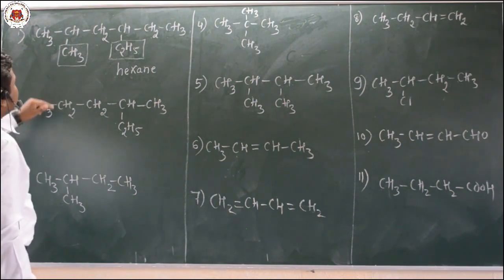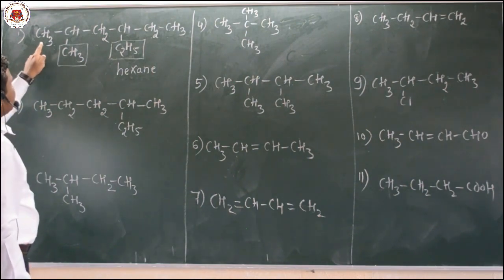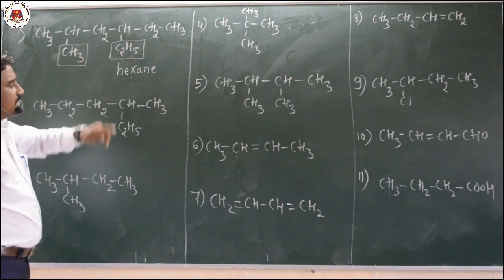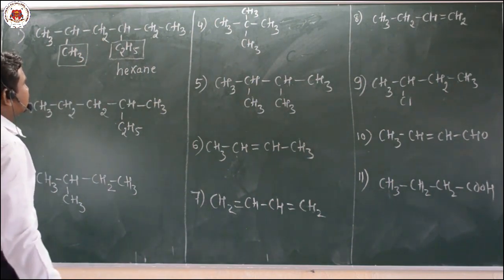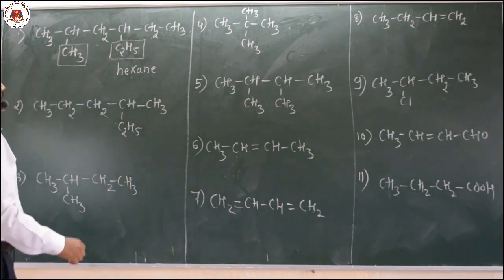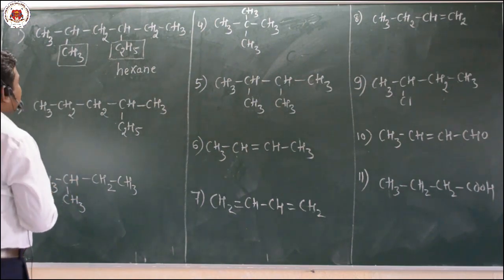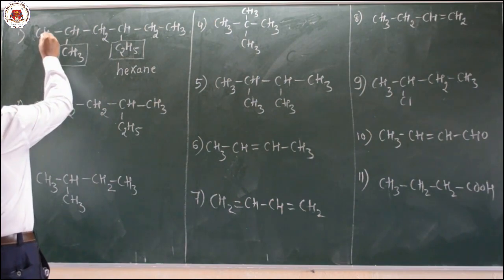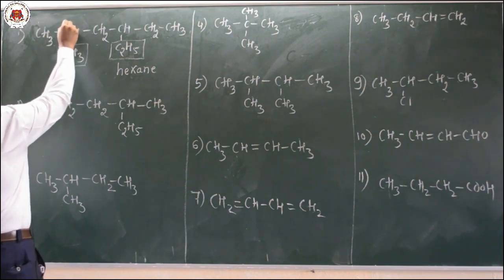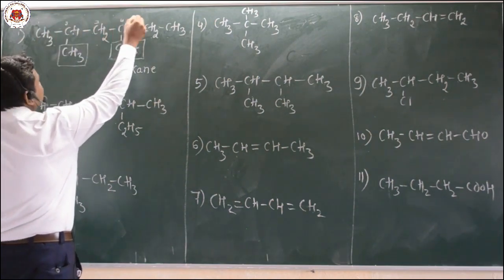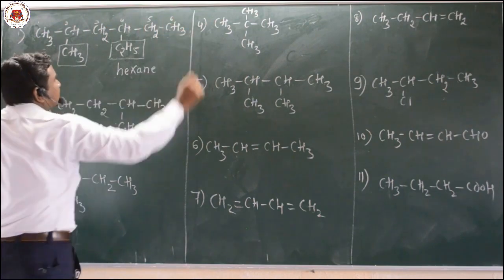First of all we have to put numbers on the longest chain carbon atoms. As we discussed in previous videos, the branched carbon should get the lowest number. From this side, first, second, third, fourth, fifth, sixth carbon atoms are there.